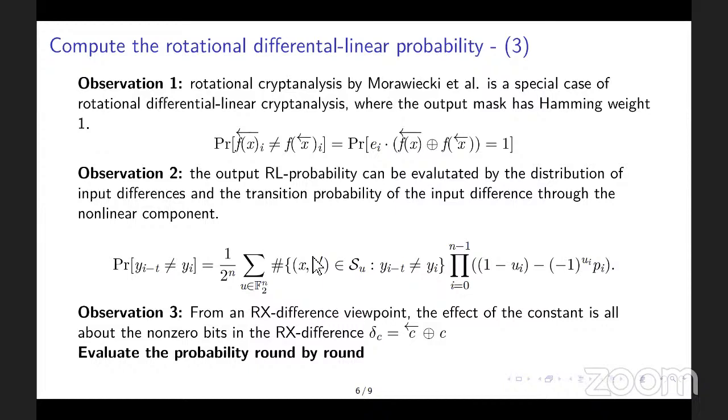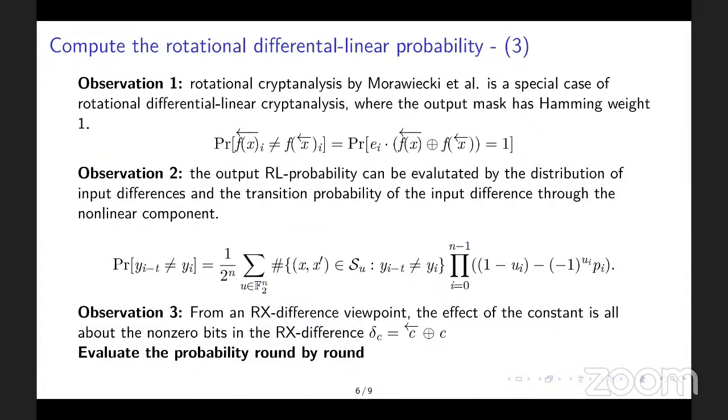And our third observation is on the effect of the constant. So the constants into a permutation actually introduce a new rotational difference here, like the constant C shifted XOR with the constant C. And these three observations allow us to compute the rotational differential linear probability by evaluating each round function.